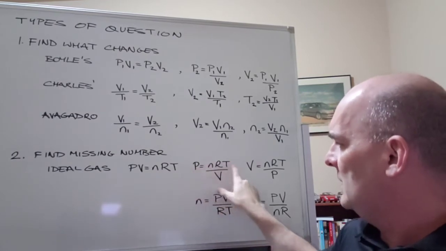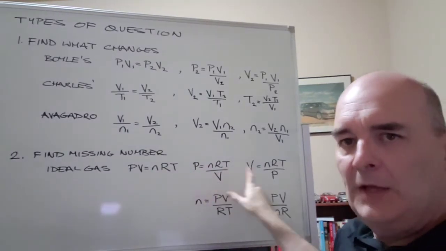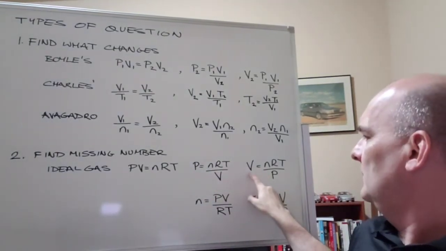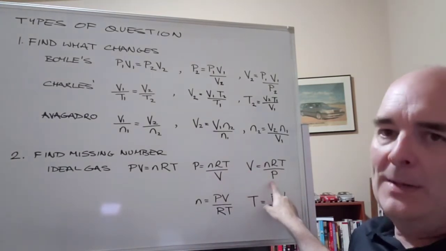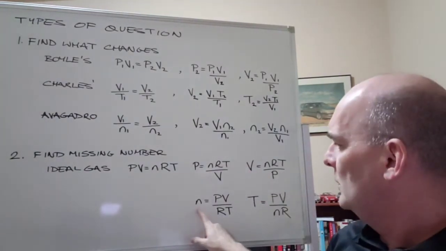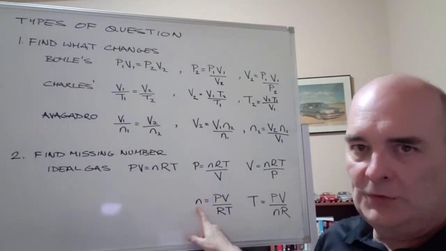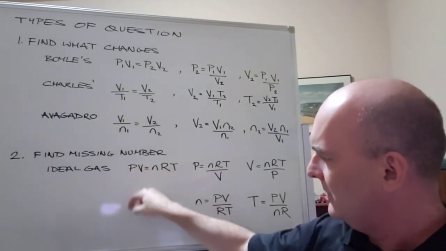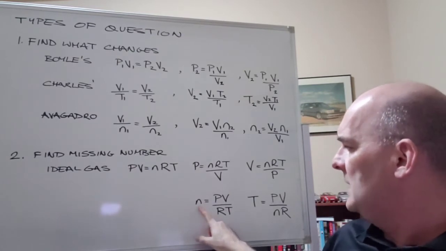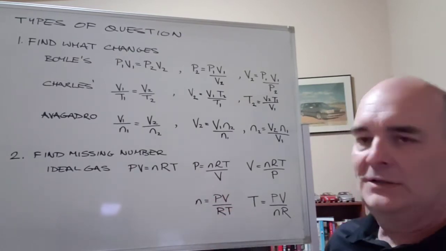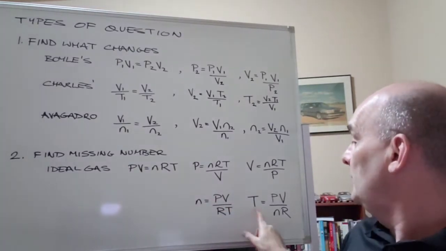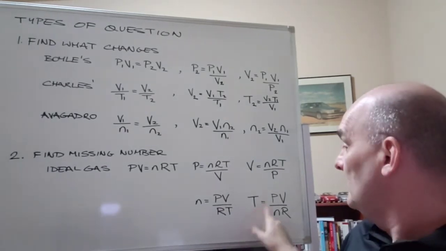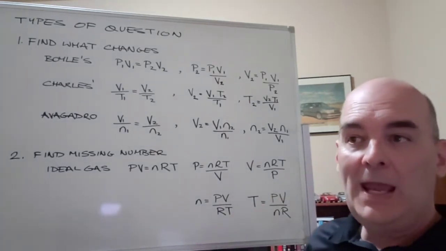So P equals nRT over V. If I want to solve for volume, V equals nRT divided by P. If I want to solve for the number of moles, that means moving this R and T across the equal sign, so it becomes denominators now. n equals PV over RT. And if I want to solve for what the new temperature is, T equals PV over nR.